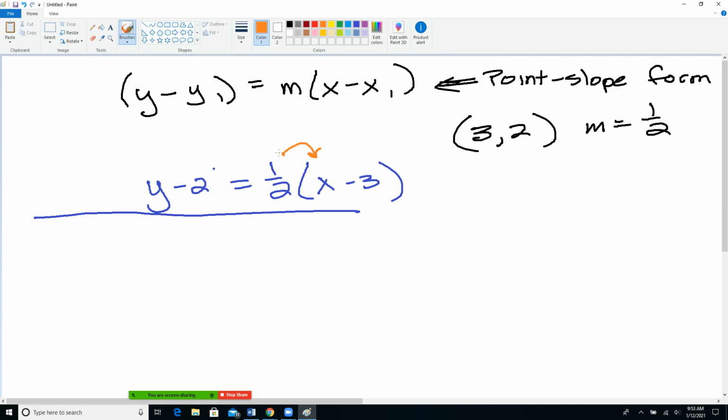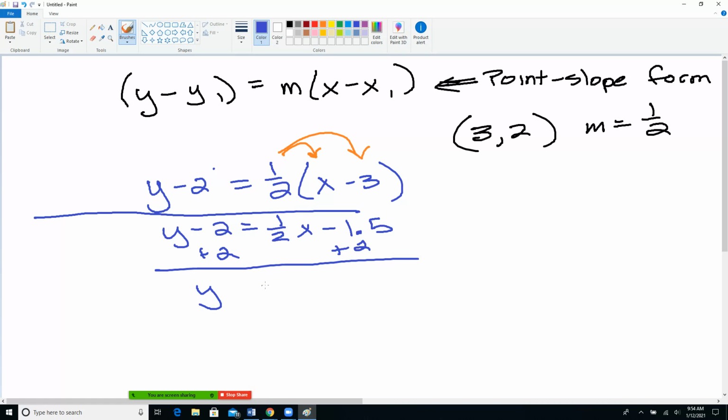You could distribute this. So you have y minus 2 equals 1/2 x minus 1.5. You could add 2. Y equals 1/2 x plus 0.5. So I turn my point slope form into point intercept form.